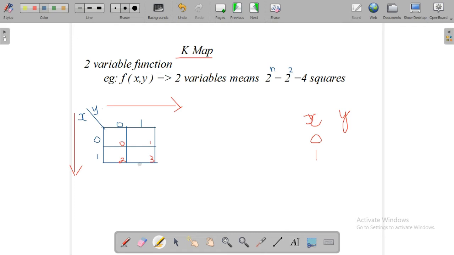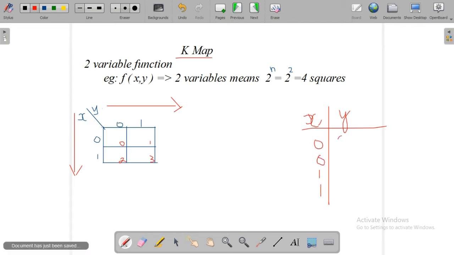Let's write the actual truth values here. This is x, so 2 variables are there. 2 variables means we will get 4 values, 2 zeros and 2 ones in the first column.